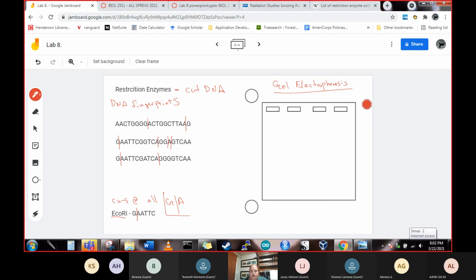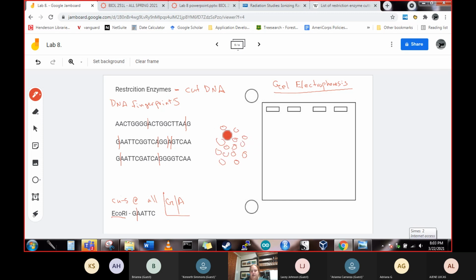A gel electrophoresis machine is how we separate different lengths of DNA in a gel. Think of this gel as like a sieve where there's little particles, and usually what you're using in a gel is agarose or agar.